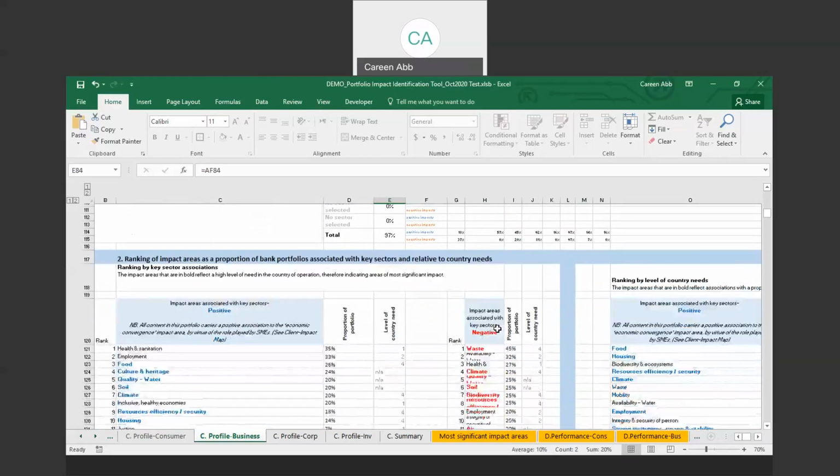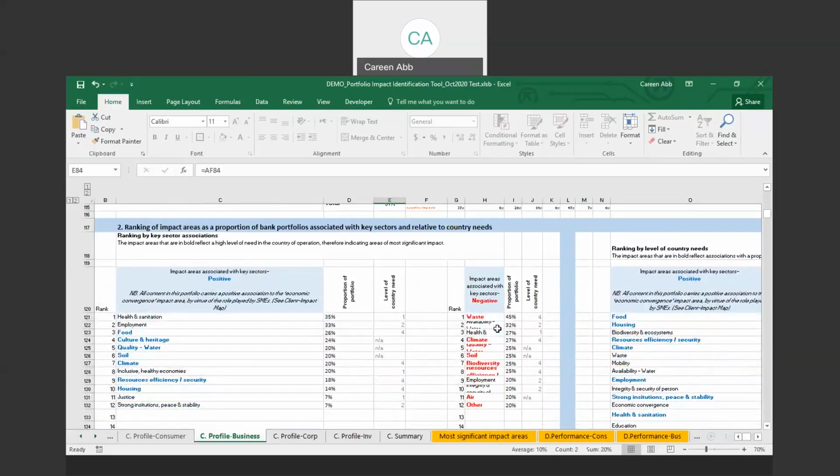In the following segments, you will see that the information that you have captured in terms of the countries in which these activities are taking place, and then the country needs assessment is also pulled through. In this section, you are seeing a ranking of the impact areas as a proportion of bank portfolios associated with key sectors and relative to country needs.